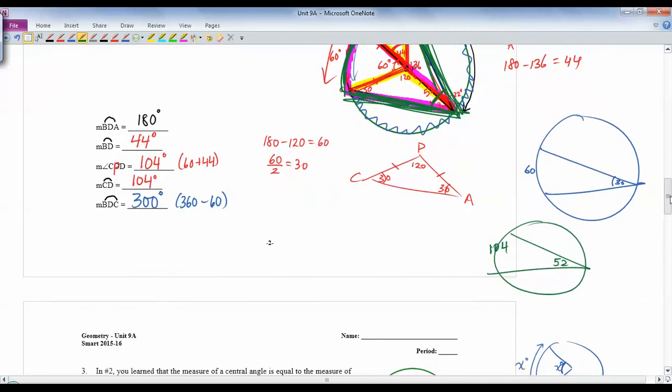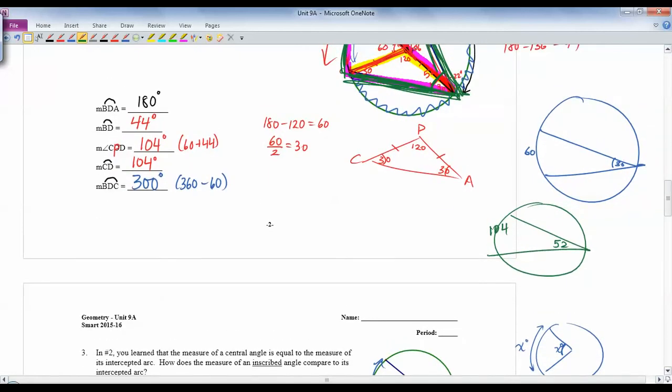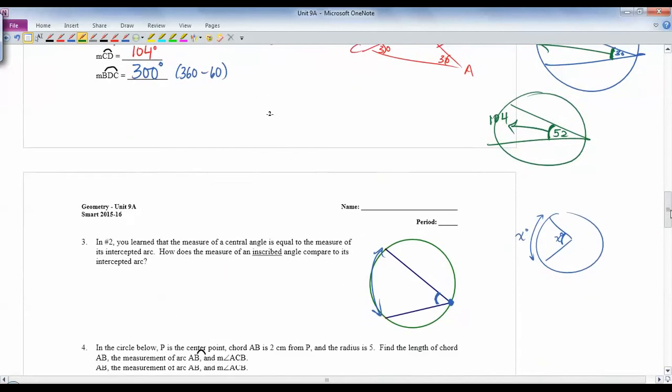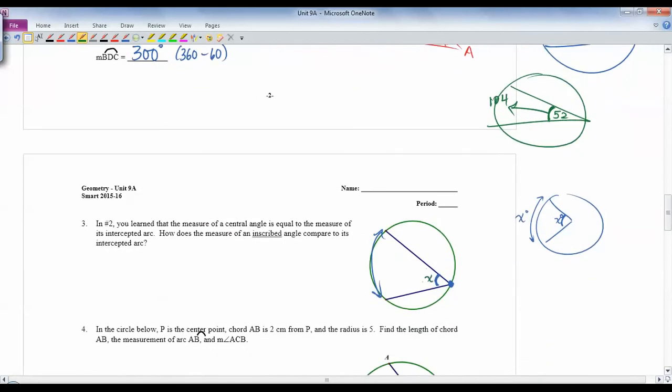So you ought to be able to get a pretty good sense that if I take the inscribed angle and double it, I get the arc. Or take the arc and halve it, and you get the angle. So whatever this is, this one's double it. So the inscribed angle equals half of its intercepted arc.